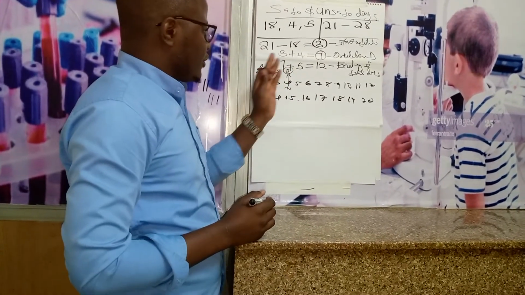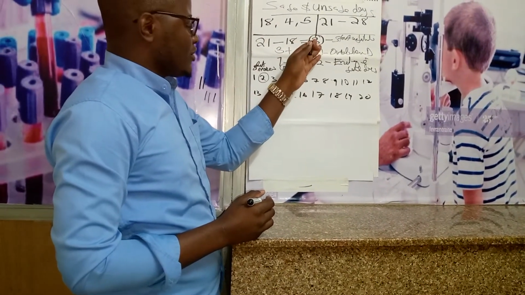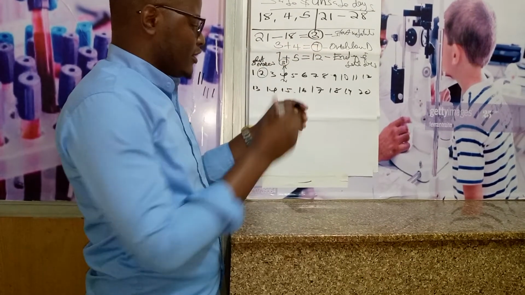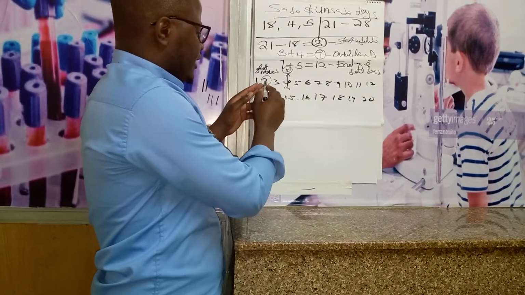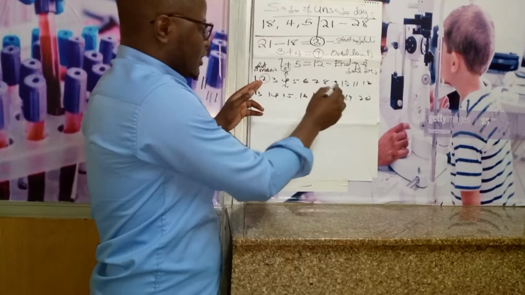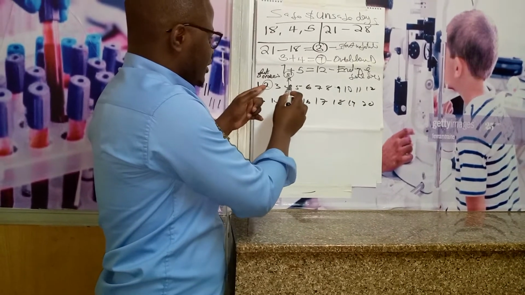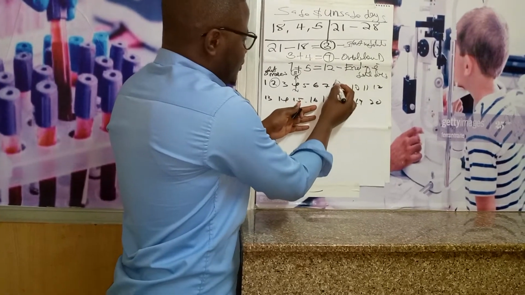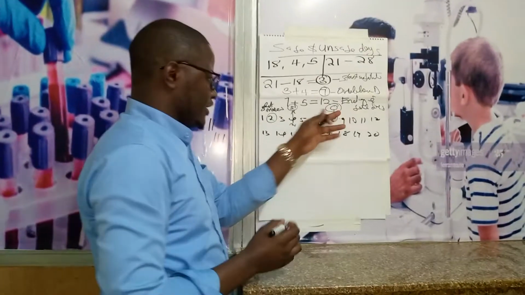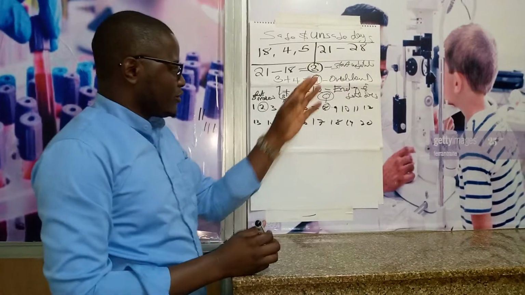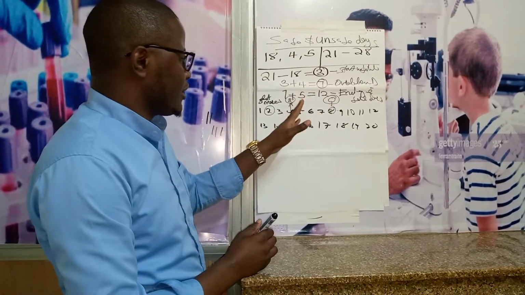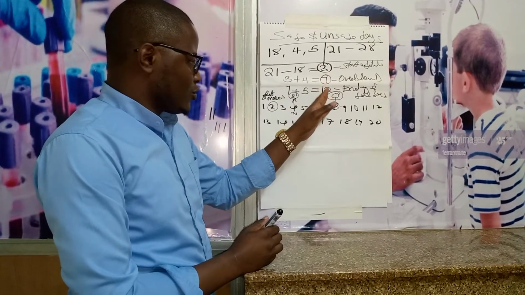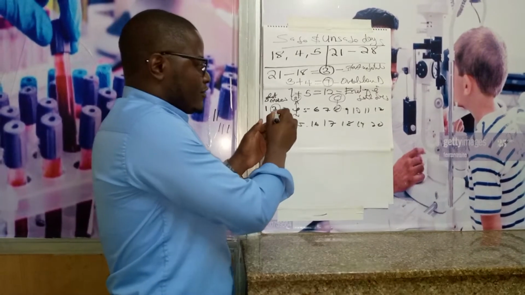After that, you count 7 days from the very first day that you started menstruating: 1, 2, 3, 4, 5, 6, 7. Now on the 8th, this will be your ovulation day. After that, you add 5 to the 7, giving 12. So you will count 12 days from the second.